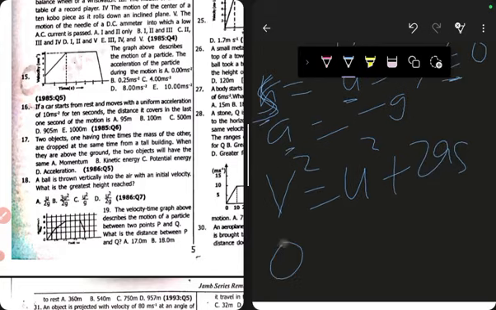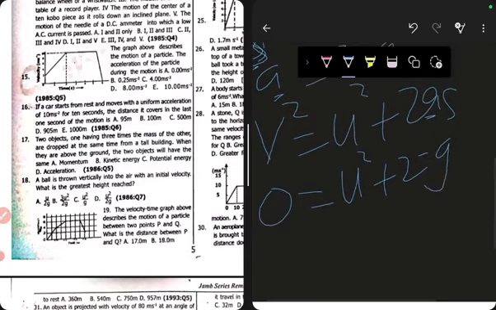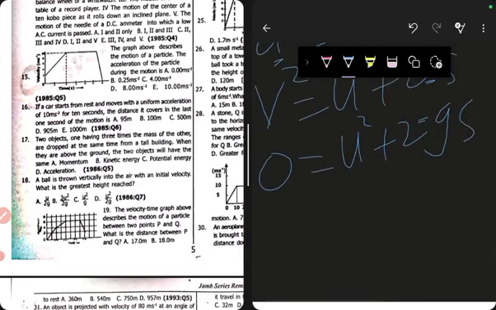Now, V squared is 0. U, we don't know it. Then plus 2. What is A? Minus G, because it is going up, which is against G, so that's why it will be reducing. Then times the maximum height reached, which you don't know. Plus times minus is minus.